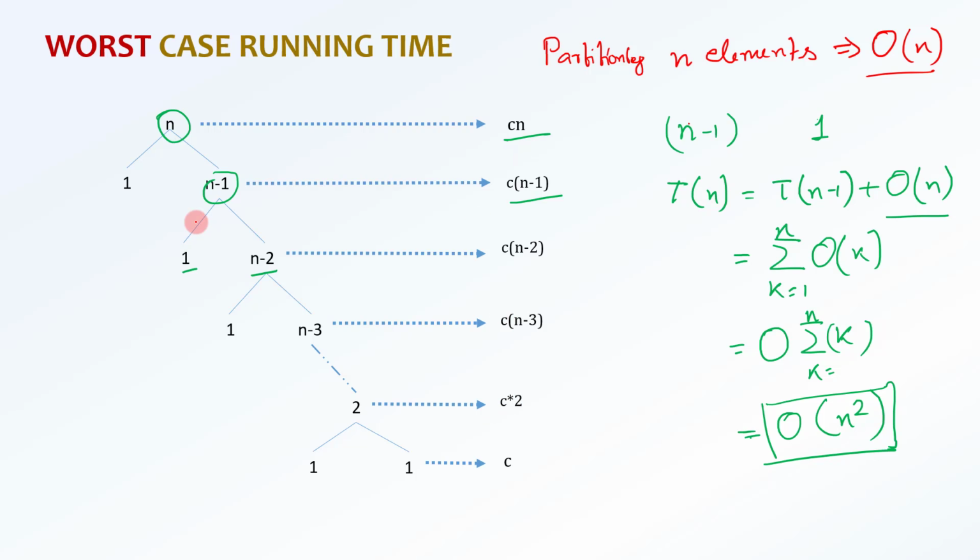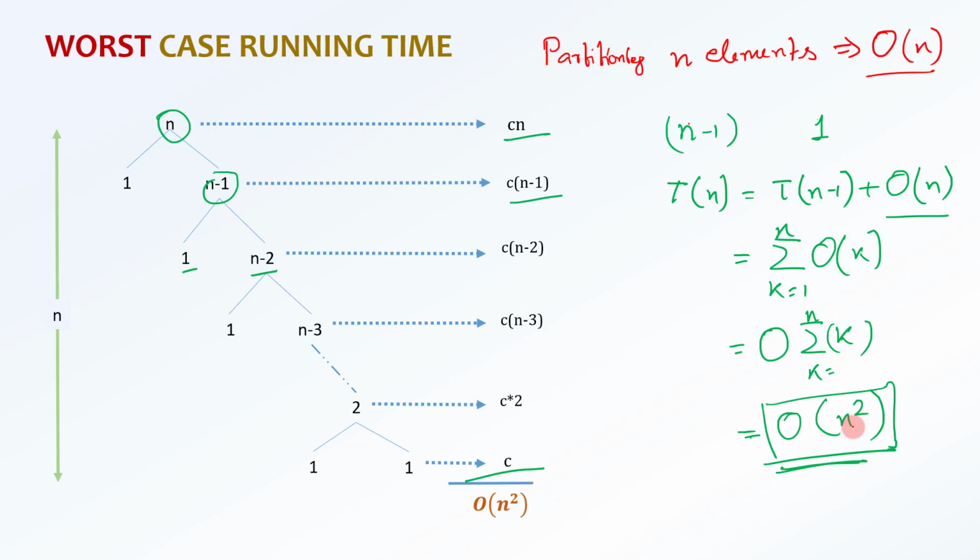This is a right skewed binary tree, and a right skewed binary tree has n levels for n elements. If we sum up all these comparisons, it produces order of n square. Thus, if the partitioning is maximally unbalanced at every recursive step of the algorithm, the running time of Quicksort will be order of n square.